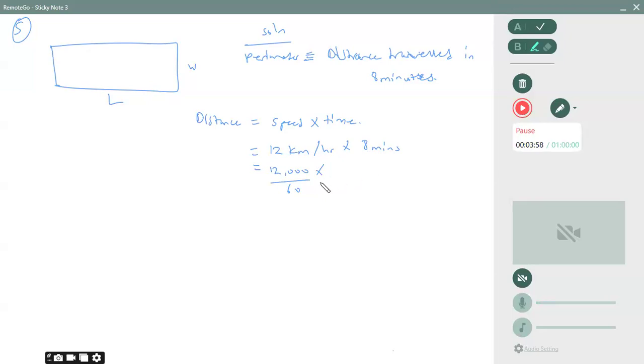Times 8. It is 8 over 60 minutes, because we want it to be in terms of an hour. So we get 12,000 divided by 60, then times 8. How much does it give us?